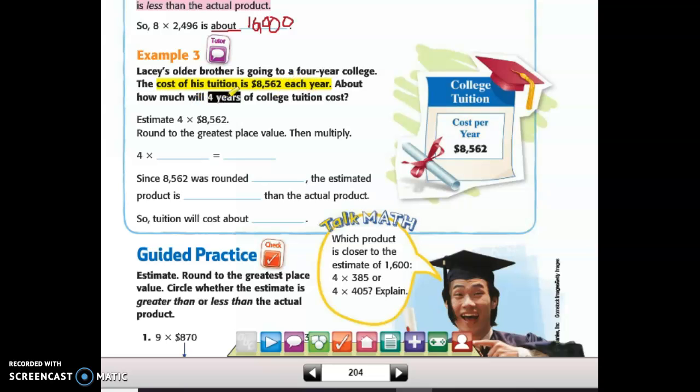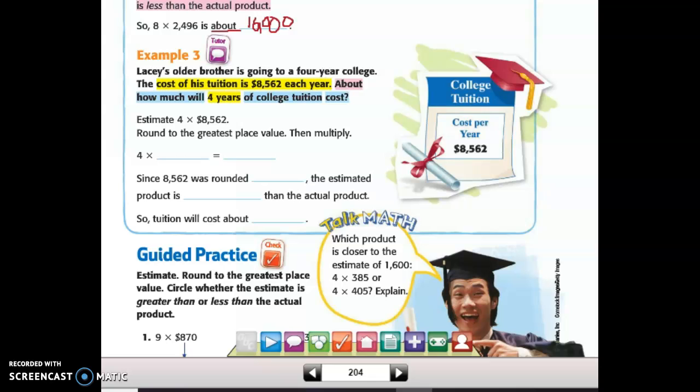And we need to know he's going for 4 years. Our question is, how much will 4 years of college tuition cost? And since it says about, that's a key word that tells me I can round.